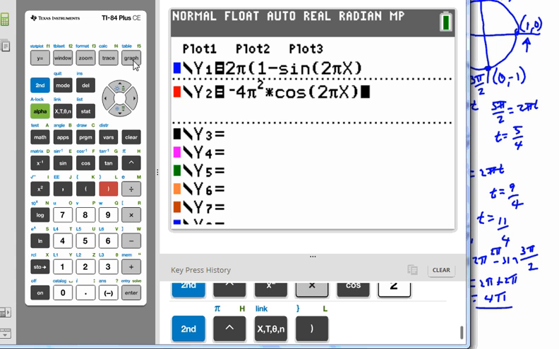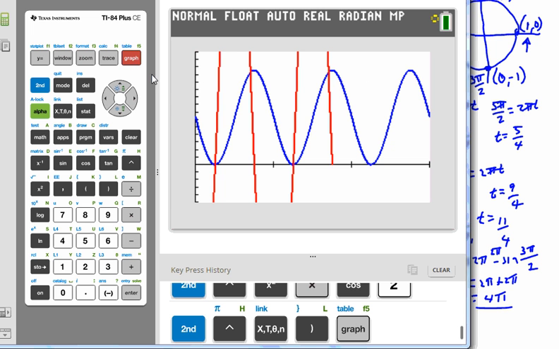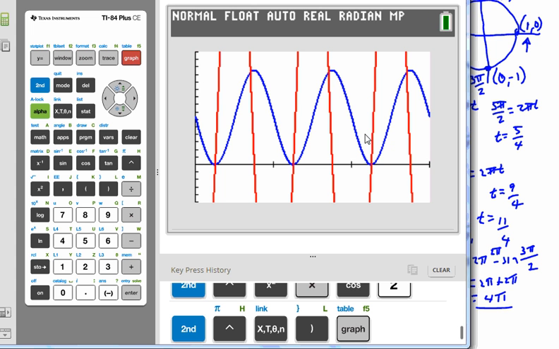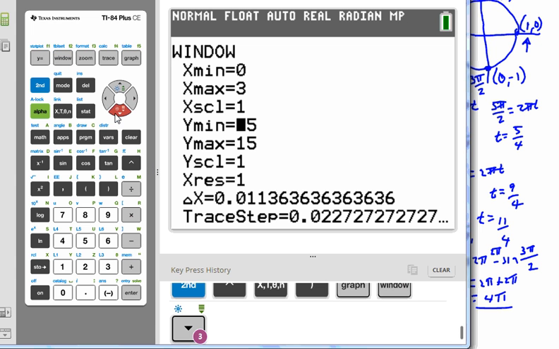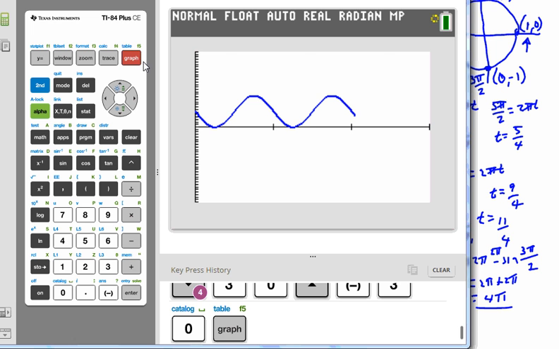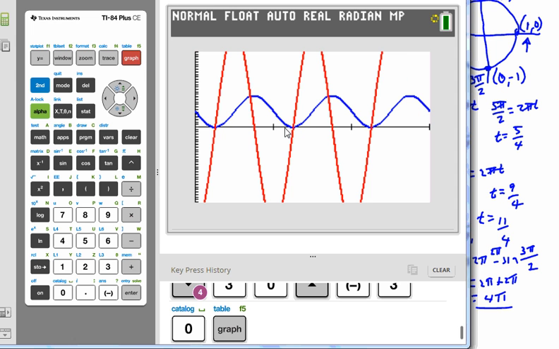And here we have it graphed. It's really hard to see, so let me get a bigger window. We'll go from y max of 30 to y min of maybe negative 30. Yeah, so we can see a little bit better. We see negative up to 1/4, positive between 1/4 and 3/4, and so on.